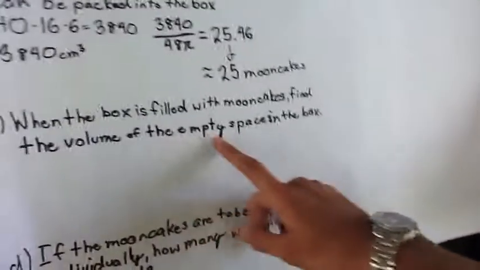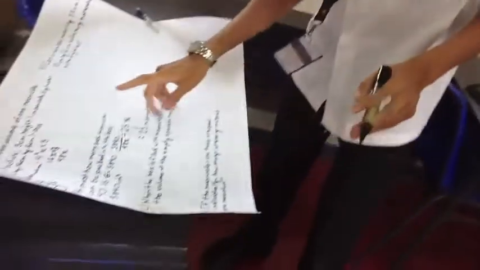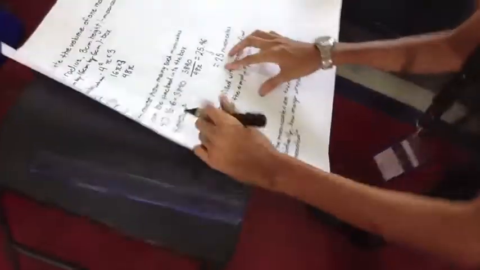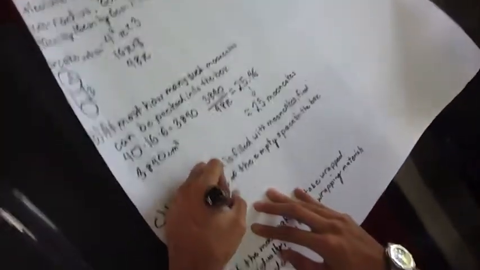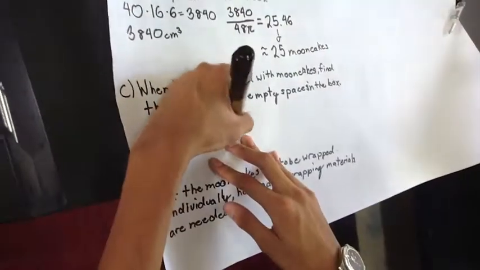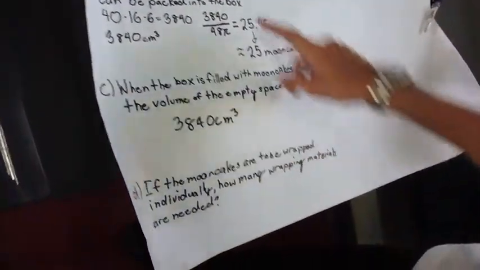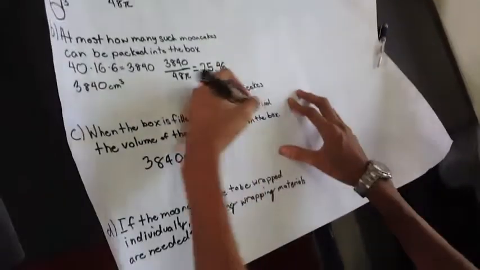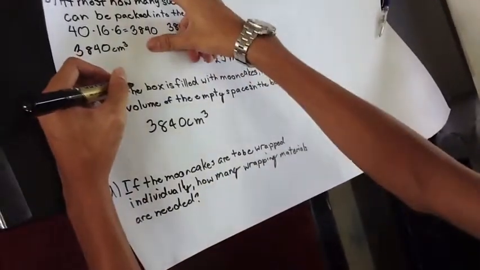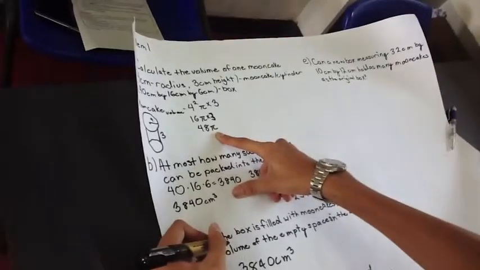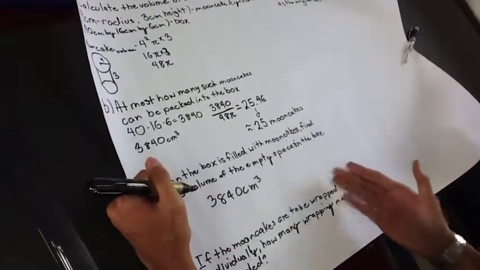When the box is filled with mooncakes, find the volume of the empty space in the box. Since we know that 3,840 cm cubed is the volume of the box, and the volume of the mooncake is 48 pi, what we have to do now is multiply that by 35, because that's the total number of mooncakes inside the box.